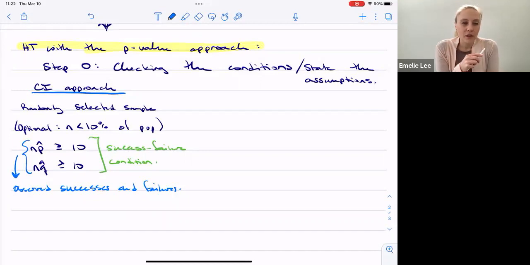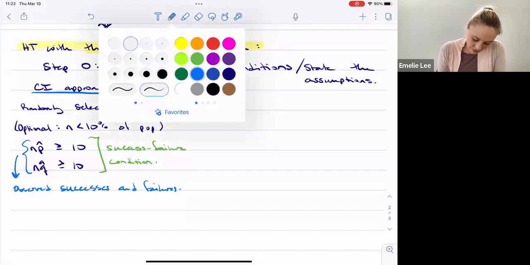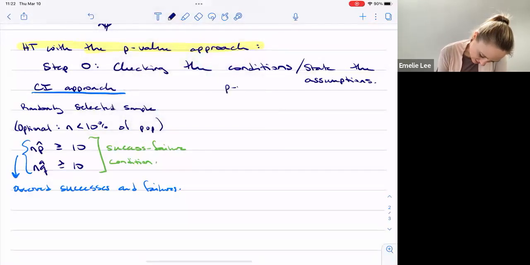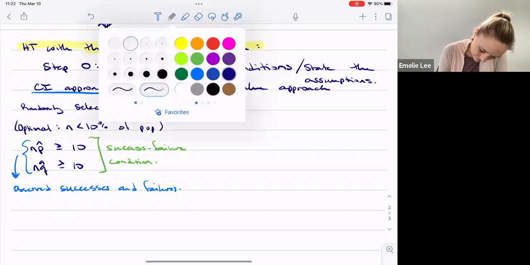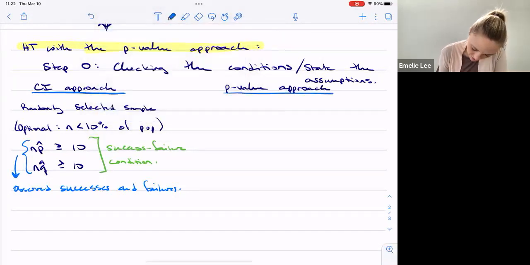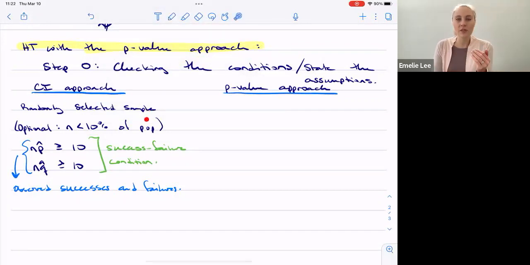Now, for the p-value approach, I'm going to do them side by side here. The first two are the same. So we have to have a randomly selected sample, and the optional N has to be less than 10% of the population. The only one that's going to change here, if I'm using the p-value approach, is that I'm going to check a slightly different success failure condition.